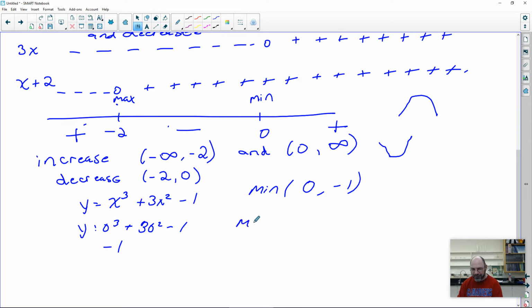And our max is at, so we've got to put in negative 2 because that's our critical point. Negative 2 cubed plus 3 times negative 2 squared minus 1.